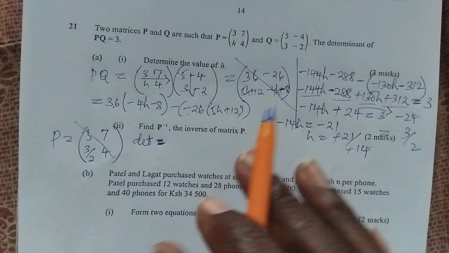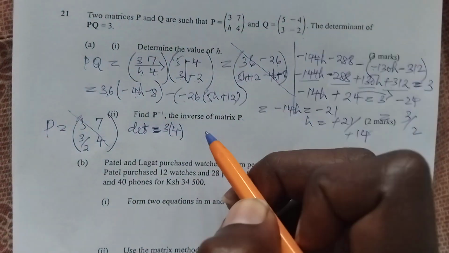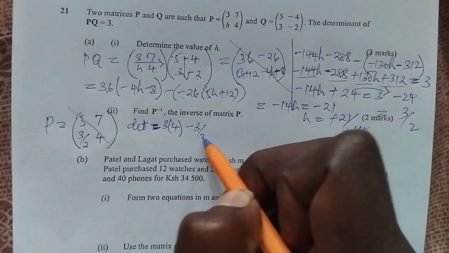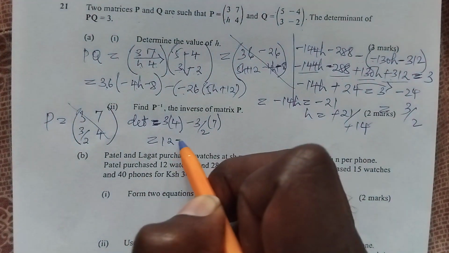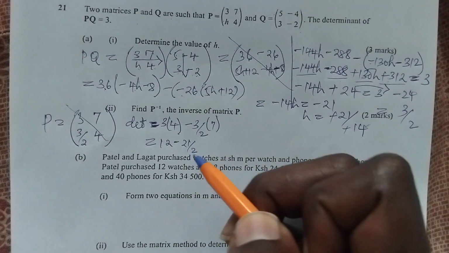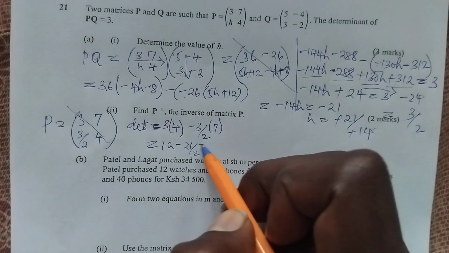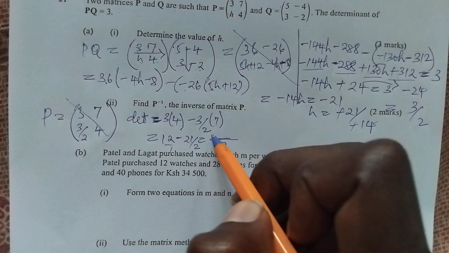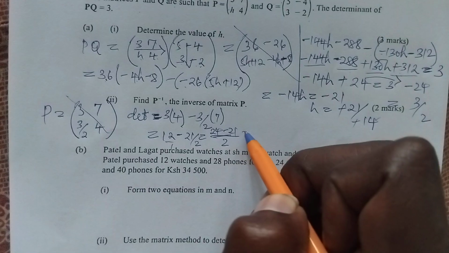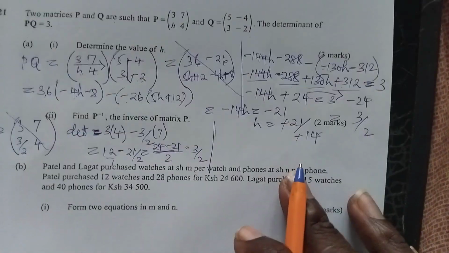Main diagonal minus the other diagonal, which is 3 multiplied by 4 minus 3 over 2 times 7, which is 12 minus 21 over 2. The LCM is 2. So here we have 24 minus 21, which is 3 over 2. Determinant is 3 over 2.